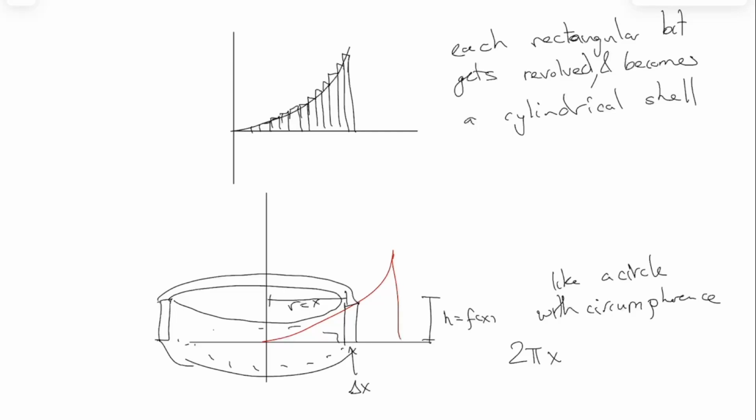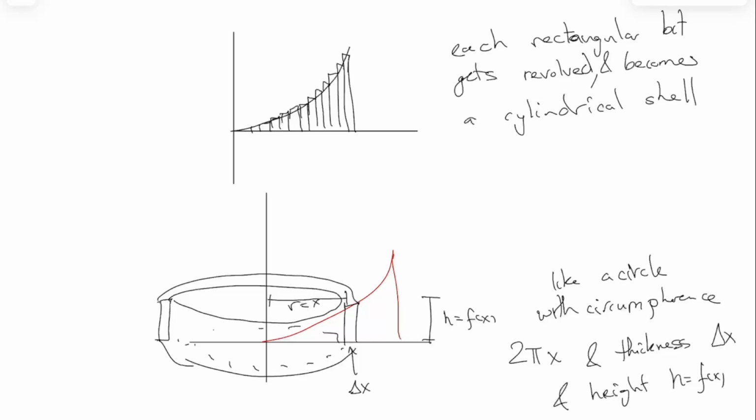To turn that into a volume, I need to multiply by the thickness. So it's a circle with circumference 2 pi x and thickness delta x and some kind of a height to it. And the height is given by h, which is f of x.